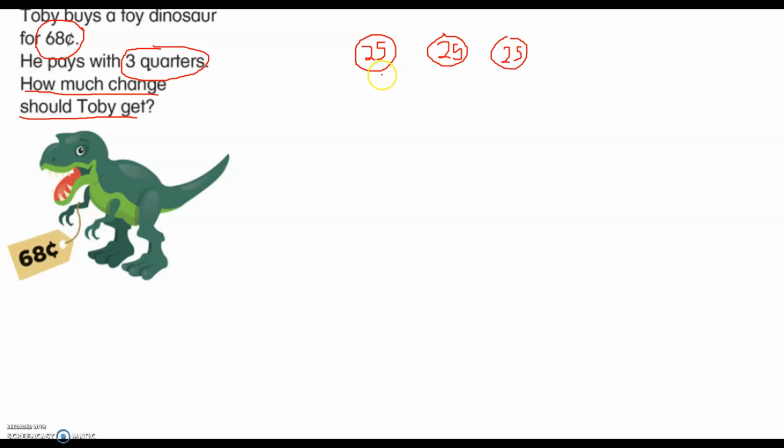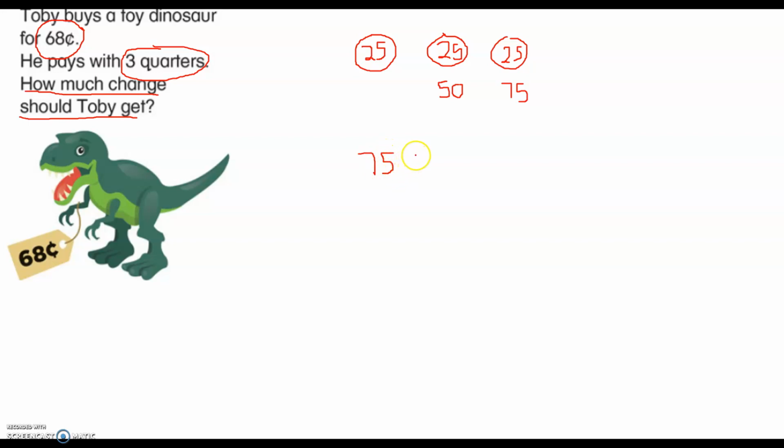So start with 2. 25 plus 25 is 50. Add another quarter, we have 75. So Toby's paying with 75 cents.